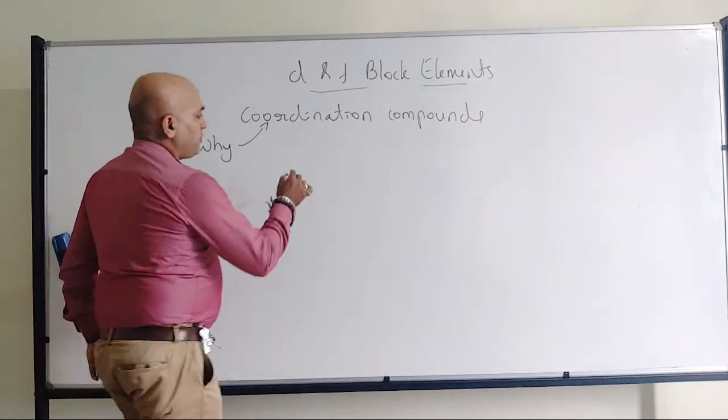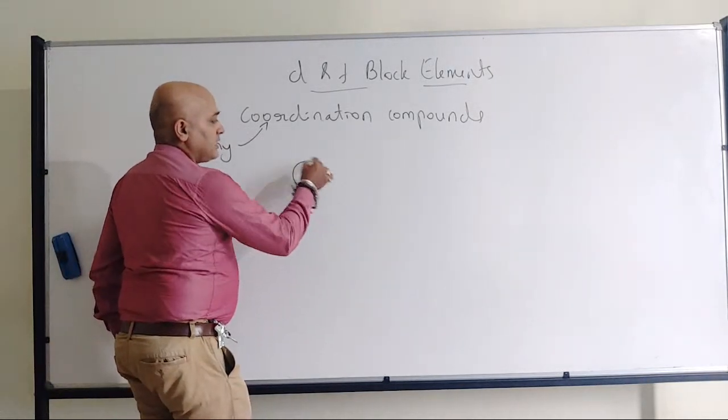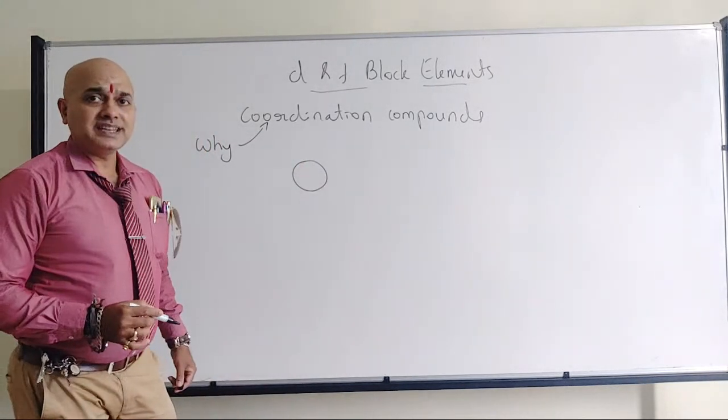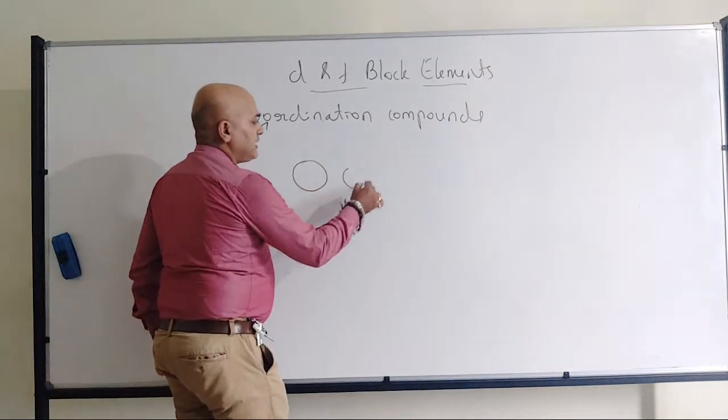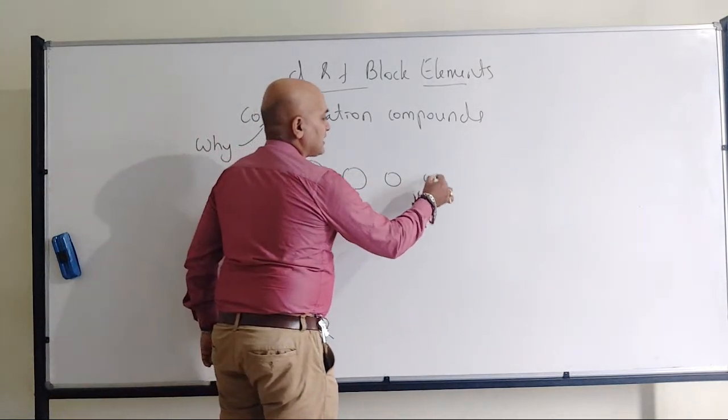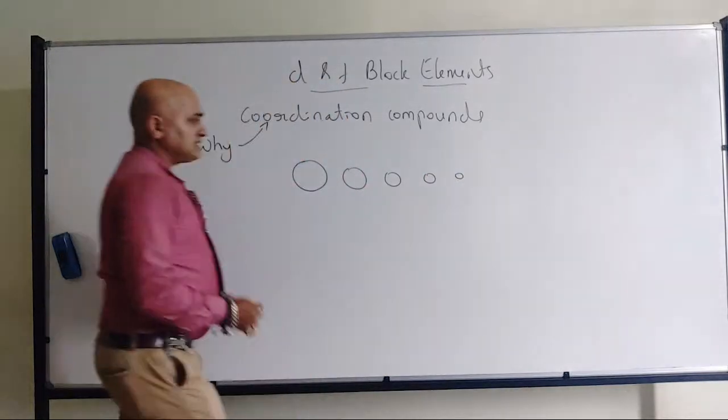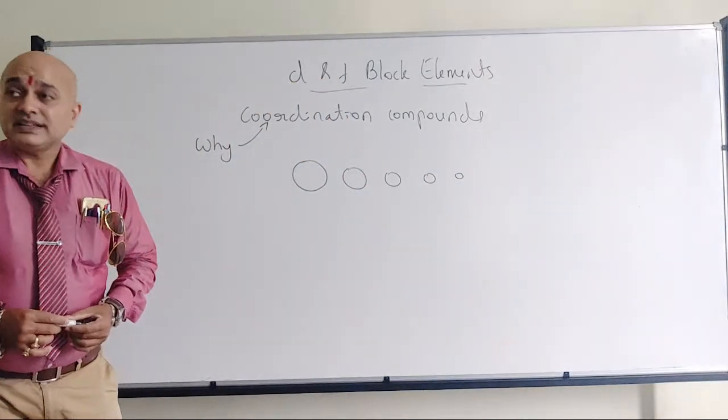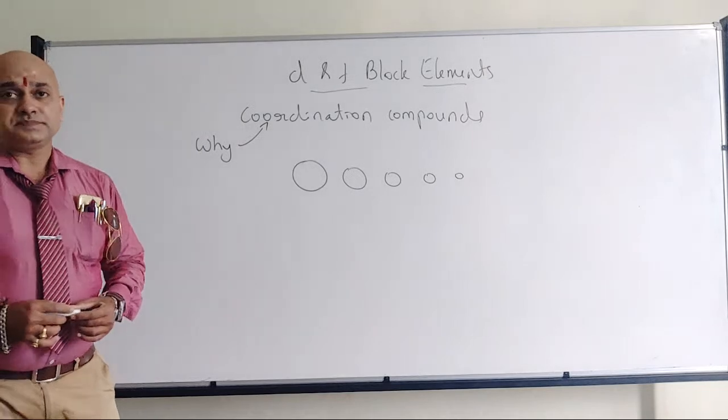When I am talking about the periodic table, I have elements on the left side, and when I am moving towards the right, what is happening? Atomic size is going to decrease.